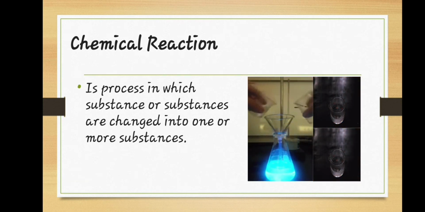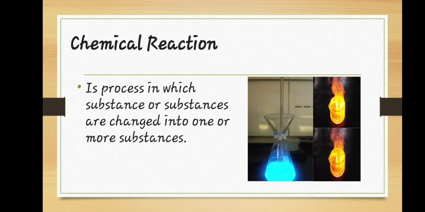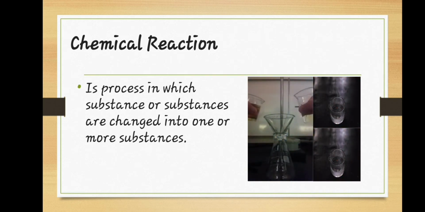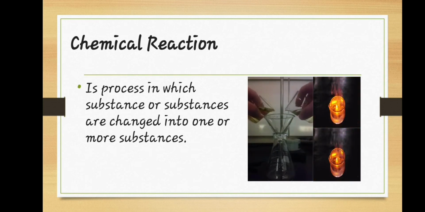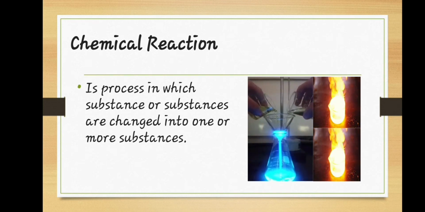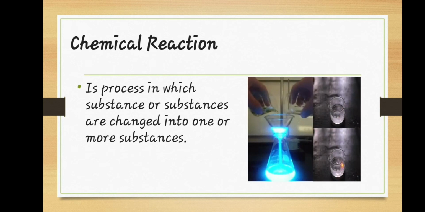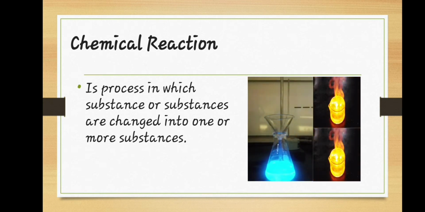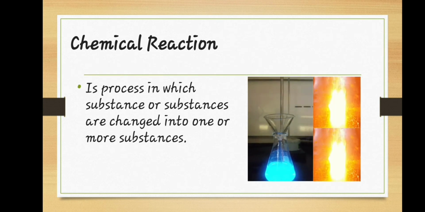So that makes a chemical reaction. You will be changing the substance that you have; if it goes through the process of chemical reaction, it will change into a new chemical substance.